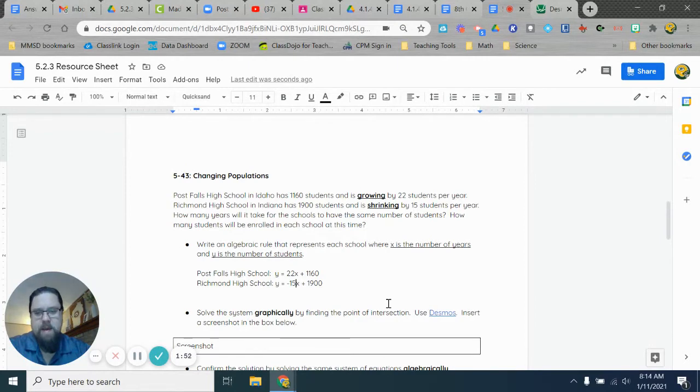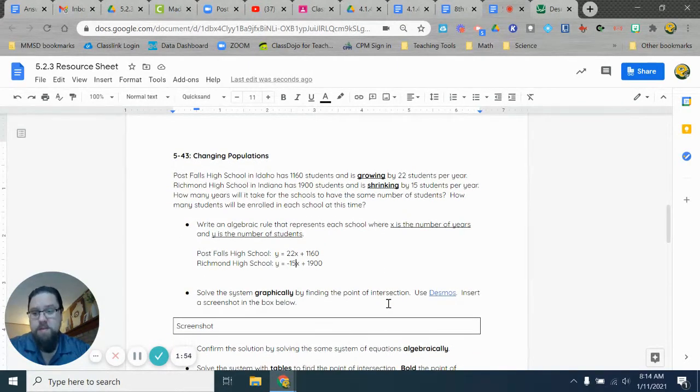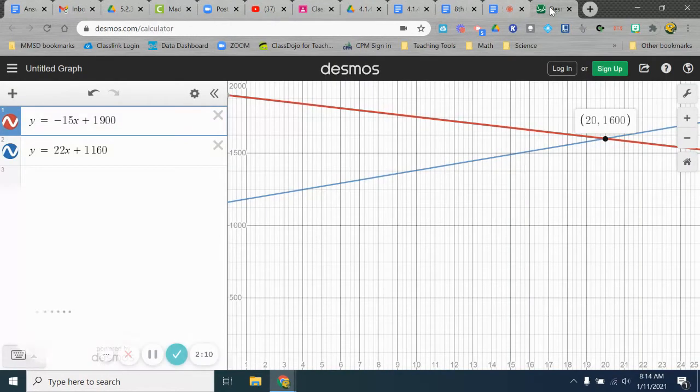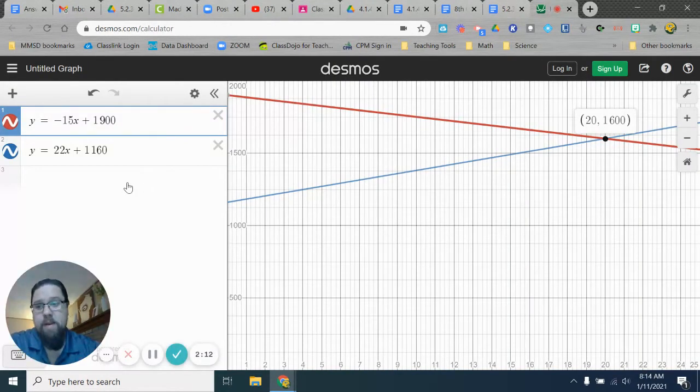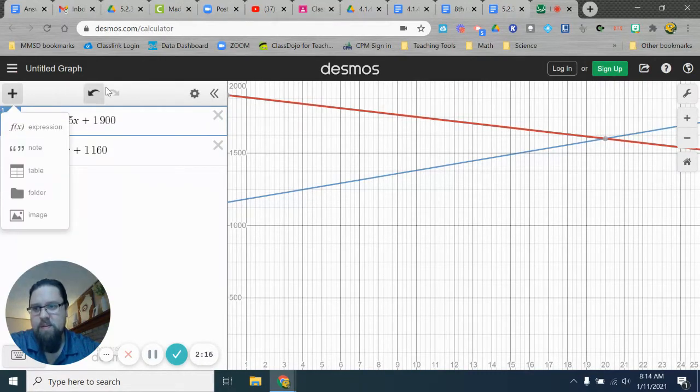Now, one of the ways that you can solve a system of equations is graphically. Okay, so you're going to be using Desmos to actually do that. I did some of this ahead of time so you don't have to see me setting up everything. So basically, you click Desmos. It will take you to the Desmos graphing calculator. When I click over there, you'll notice that I have already sort of completed this. So I hit plus up here to add these expressions.